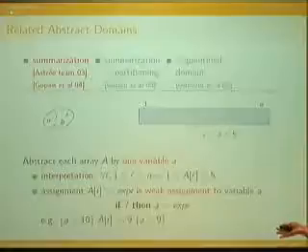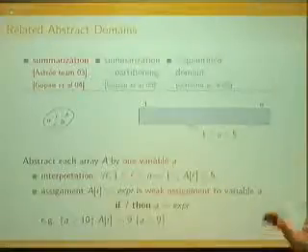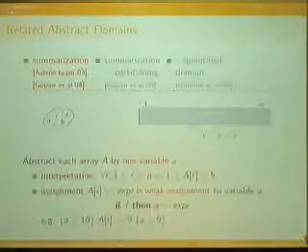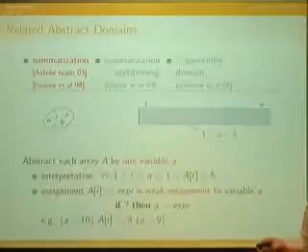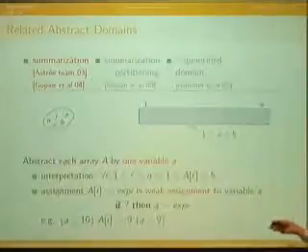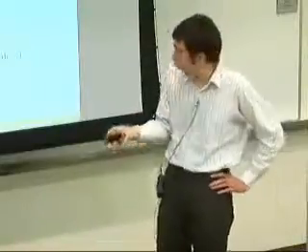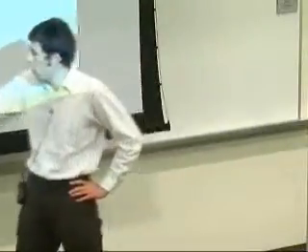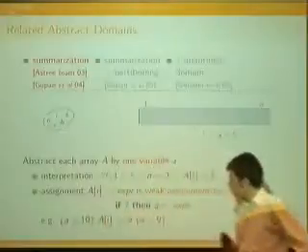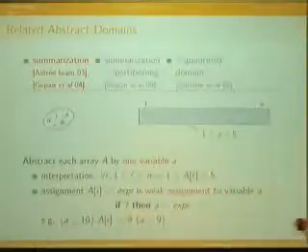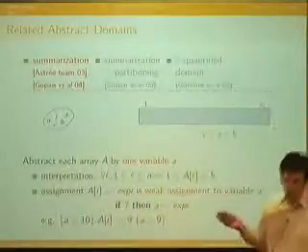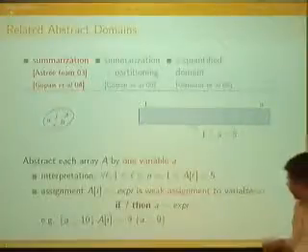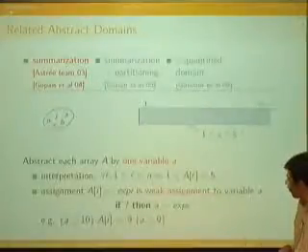And of course, an assignment to one cell will be a weak assignment to the variable A, which can be viewed as a nondeterministic assignment to the variable A. So for example, if you know that all the values in your array are greater than 10, and you assign value 9 to one cell of the array, you can only say that all the values are greater than 9.